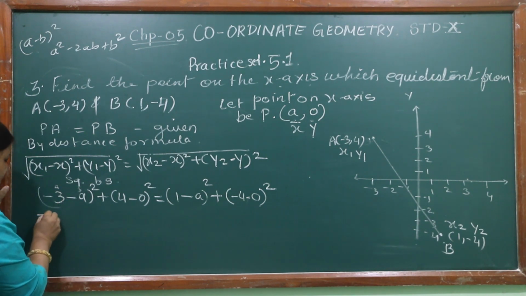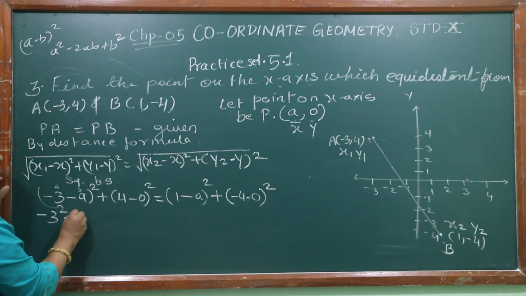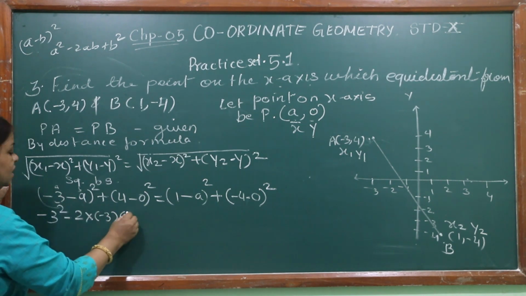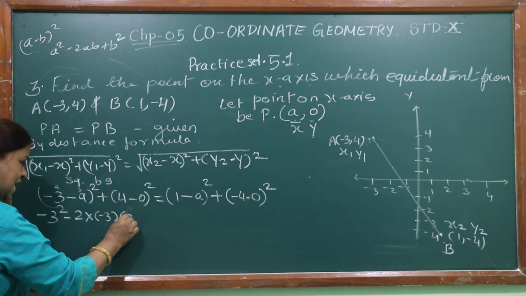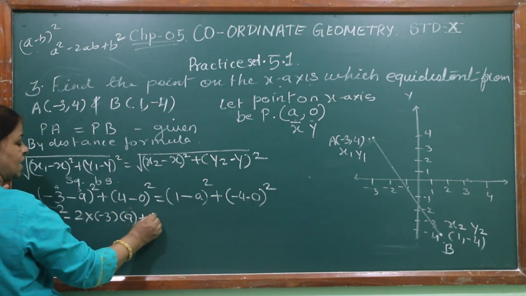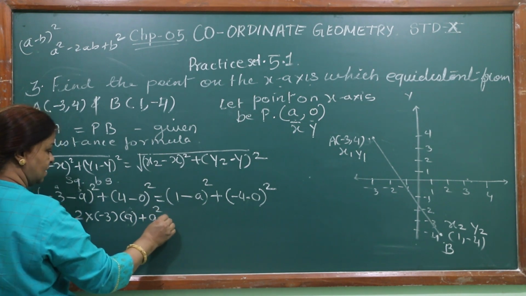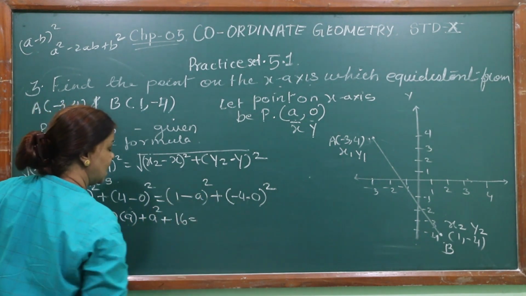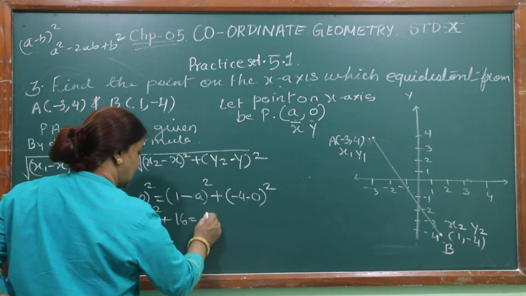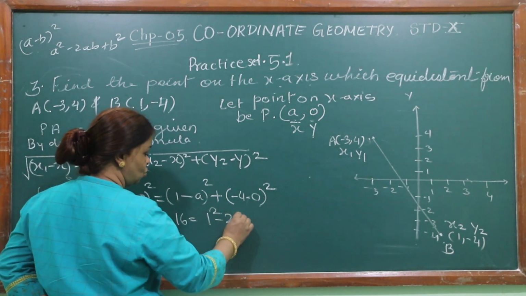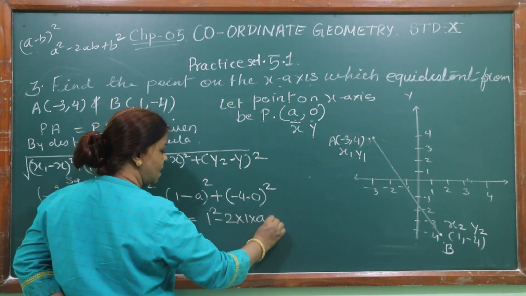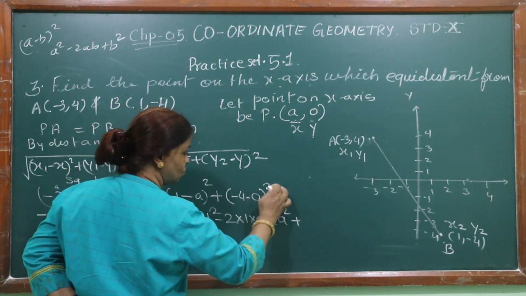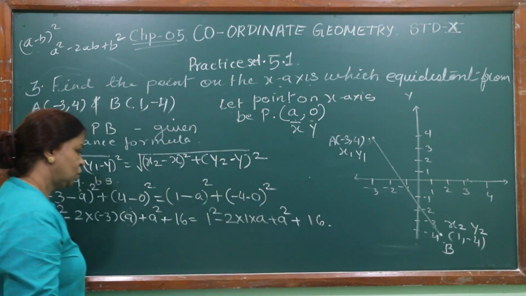Minus 3 square minus 2 into a, that is minus 3 into a, plus a square, plus 4 square, that is 16, is equal to (1 minus a) the whole square, again (a minus b) the whole square. This is 1 square minus 2 into 1 into a plus a square plus 4 square. Minus 4 square is 16, children.